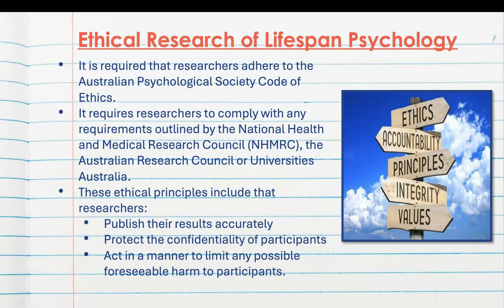So ethical principles include publishing results accurately, protecting the confidentiality of participants, and taking steps to minimise any foreseeable harm. These standards exist to ensure that all research is safe, responsible, and respectful.